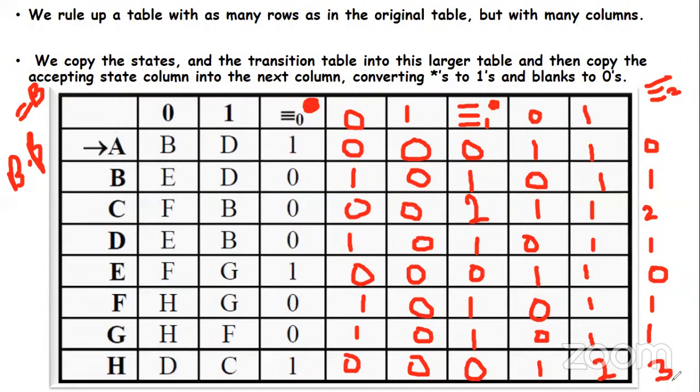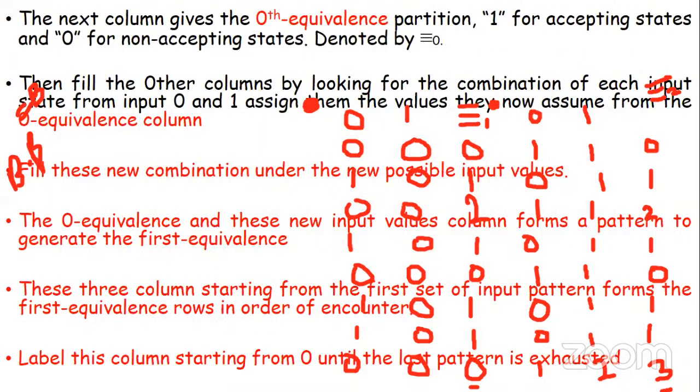So in as much as there's a discrepancy between these 3 and this, we go to the next equivalence. So we now generate the next equivalence again. So with that, let me go to the notes. Let me clear all this stuff.